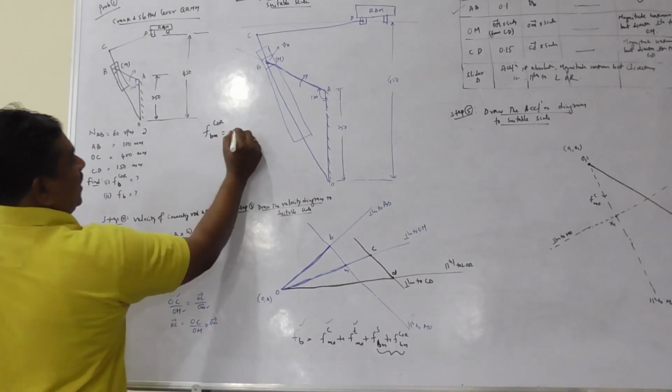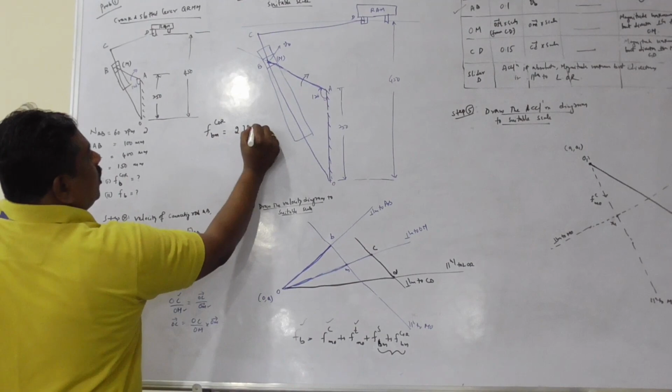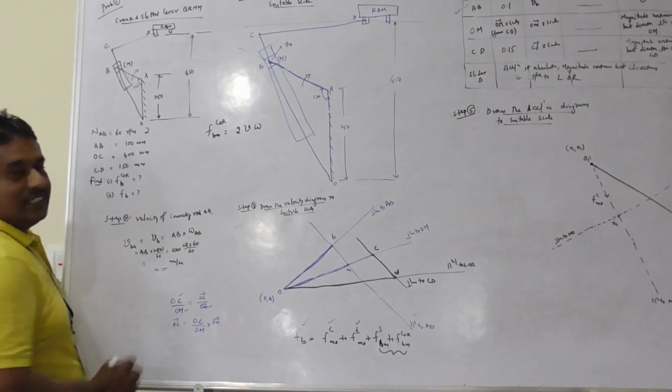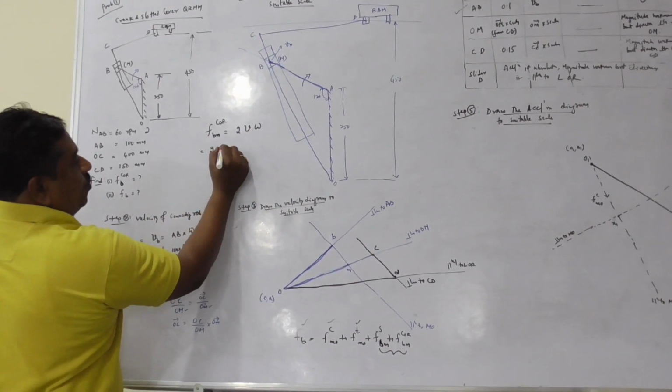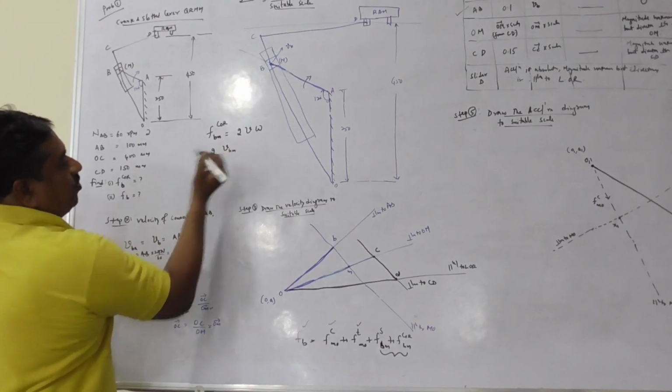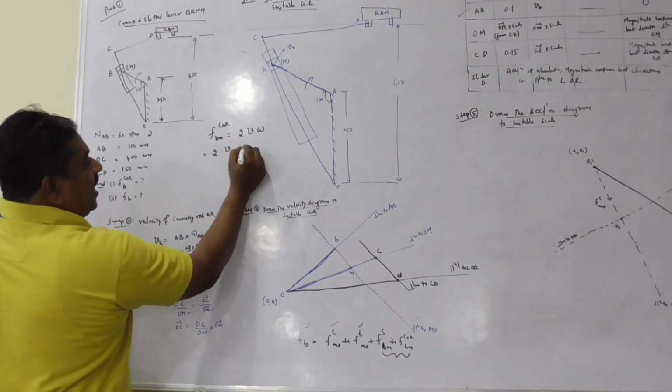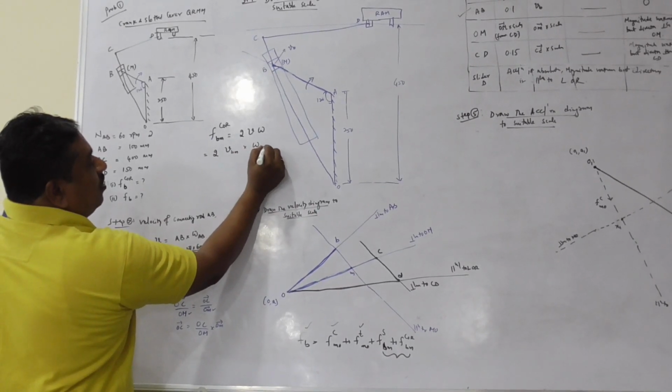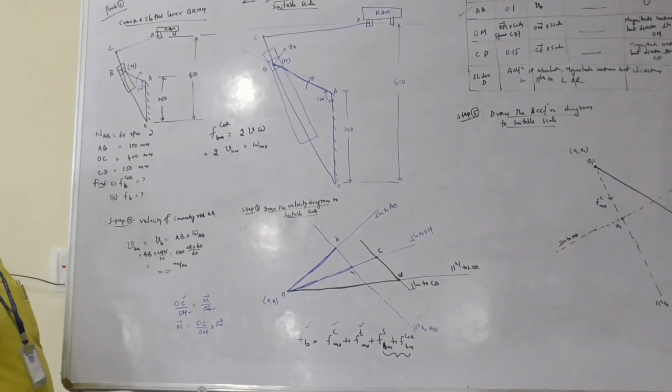As you know, the magnitude of Coriolis component is 2V omega. That means 2 into V, meaning velocity of B with respect to M. Omega is the angular velocity of slotted lever MO.